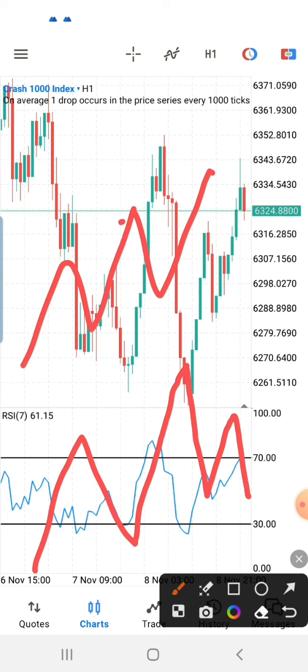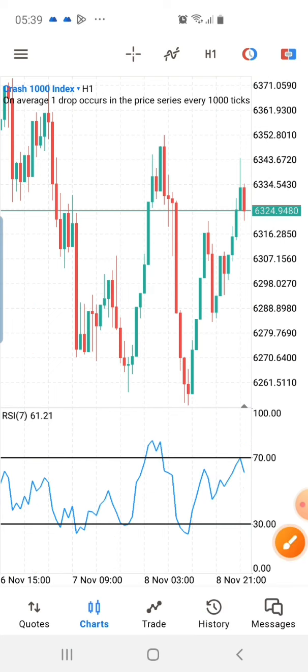So if you look here, the price is creating a higher high, here the indicator is creating a higher low. So they are opposite. They are saying something different at the same time. The chart is showing you something different from what the indicator is showing you.